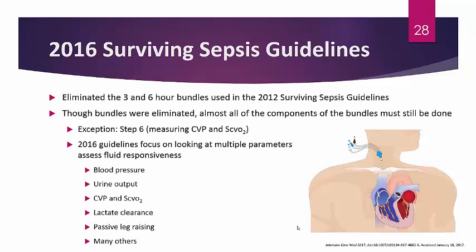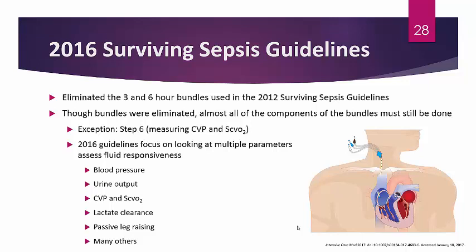Now, the 2016 guidelines are a little different because they don't specifically mention the 3 or 6 hour bundles used in the 2012 guidelines. However, just because these bundles are eliminated, the guidelines still mention many of the bundle components still having to be done. The exception is step 6, which was measuring the CVP and the SCVO2, though many clinicians will still do it.